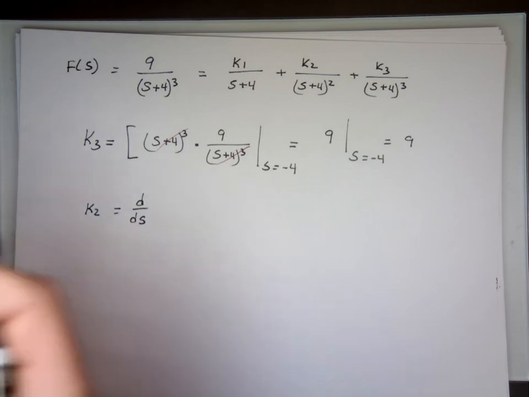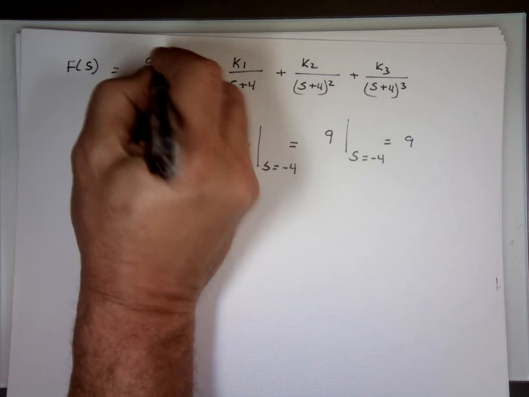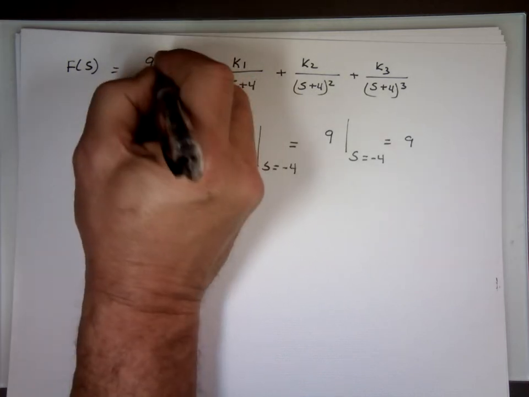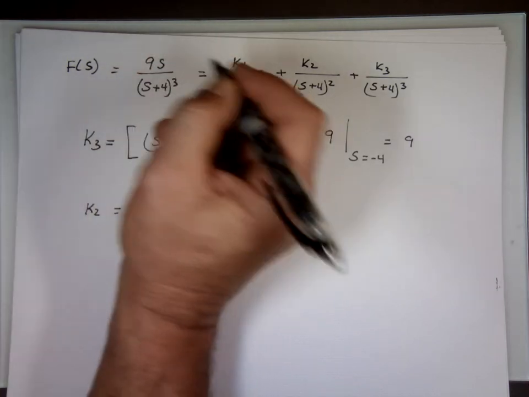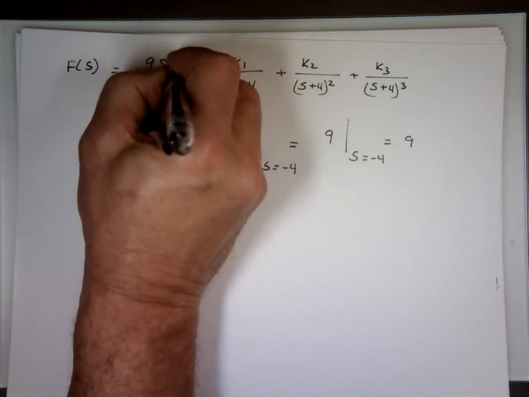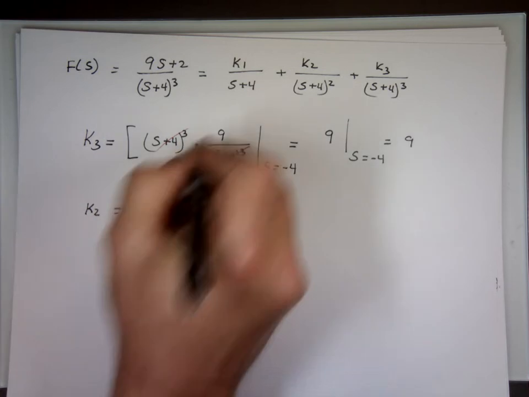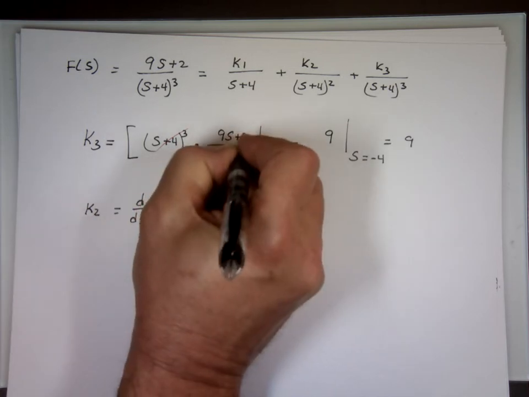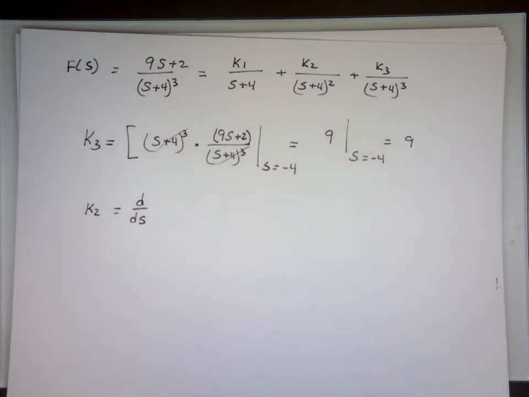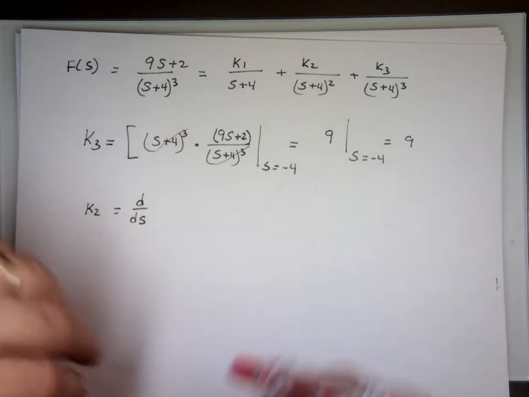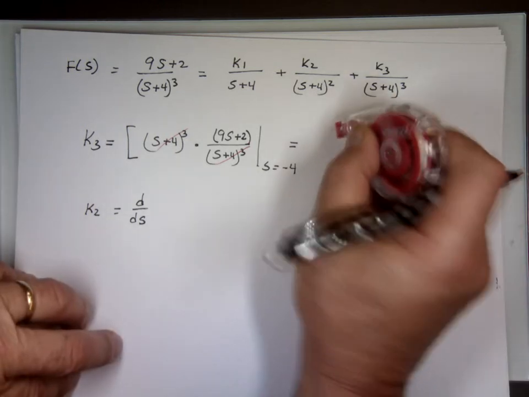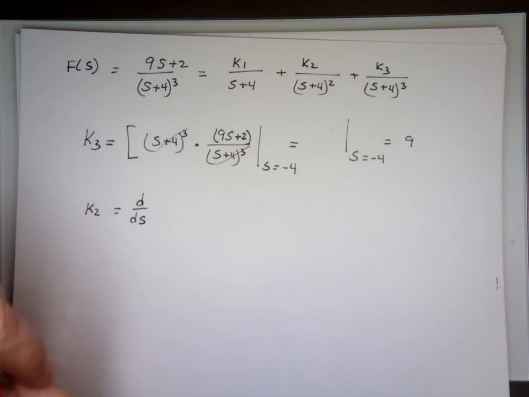See, when you wing it, how about 9s plus 2? I'm changing the question. Because I tried to wing it quickly, and I realize now, looking back, K2 is the derivative of the remainder. And what's the derivative of that? 0. Derivative of 9 is 0. What's the second one? The second derivative, 0. Defeats the whole purpose.